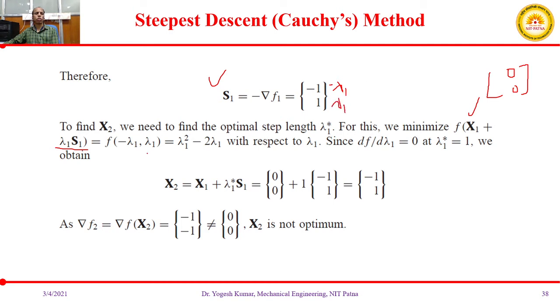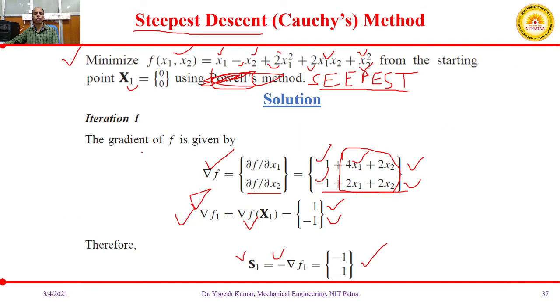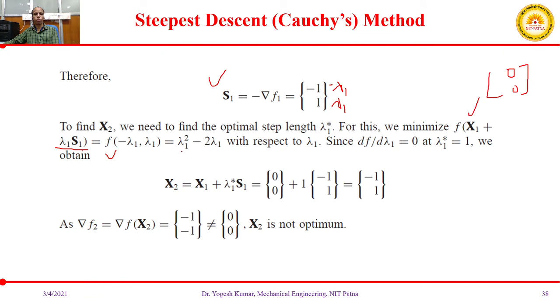So the value of the function which we need to calculate is f of minus lambda 1 comma lambda 1. If we put these values in your given function, that is x1 minus x2 plus 2x1 square plus 2x1 x2 plus x2 square, this will come to lambda 1 square minus 2 lambda 1.